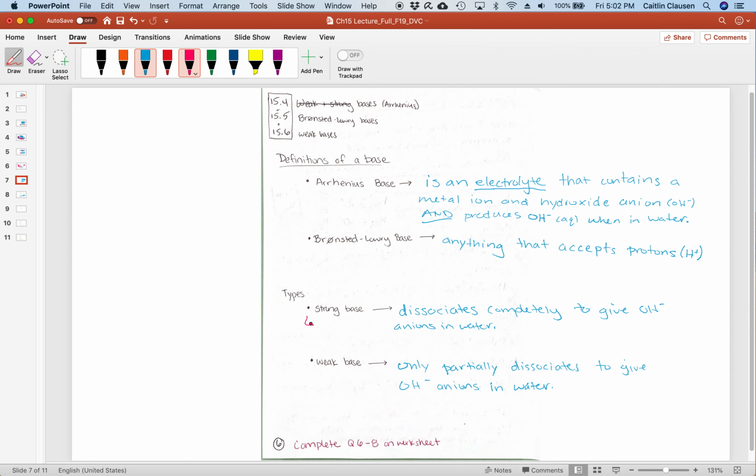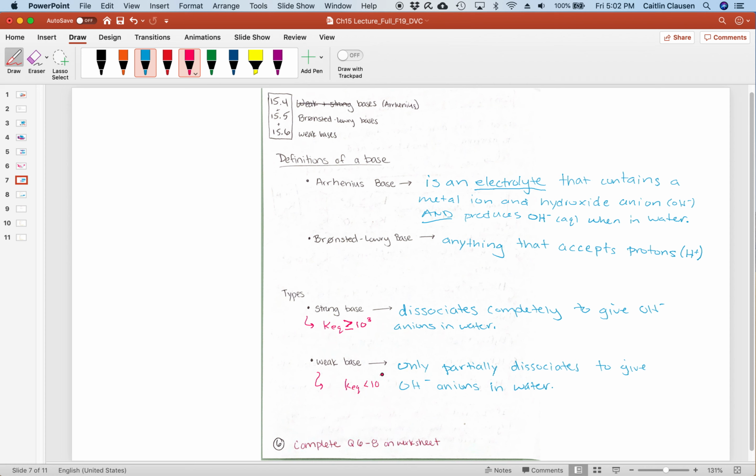And yep, for a strong base, again, we want full dissociation, so that KEQ better be above 10 to the third, above or equal to. And if we're weak, we're somewhere in that gray area.